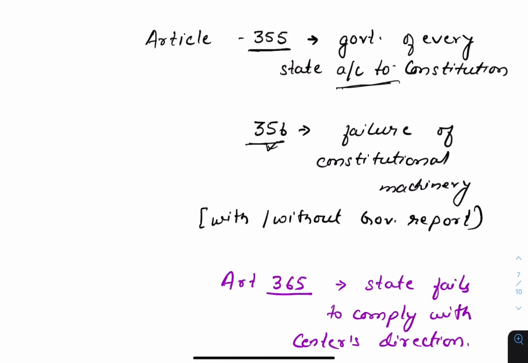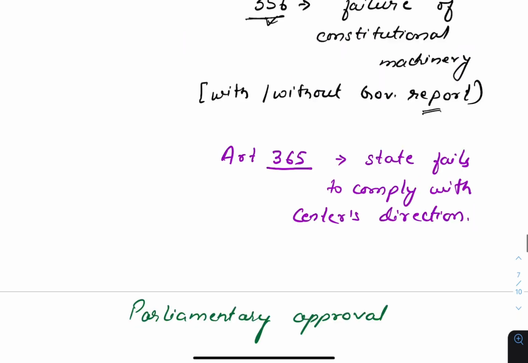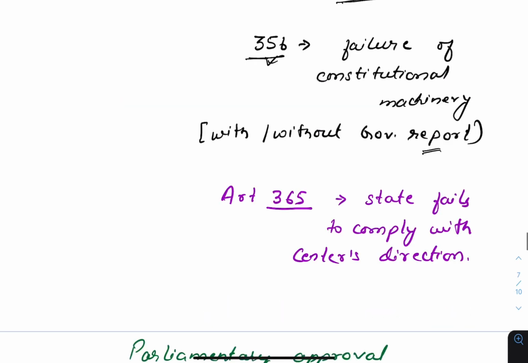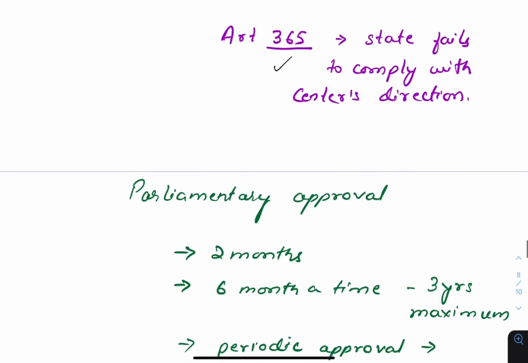A President can declare President's rule even without the governor's report. Article 365 says that if a state fails to comply with the center's direction or instruction, then also the center has the right to declare that the constitutional machinery has broken down in that state. So 3 articles are important here: 355, 356 and 365.